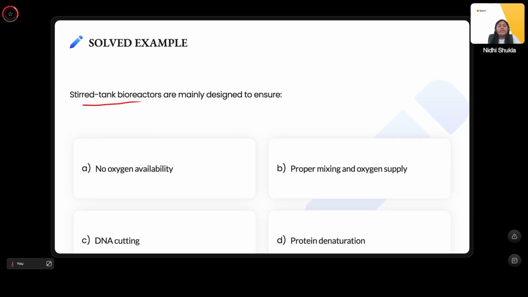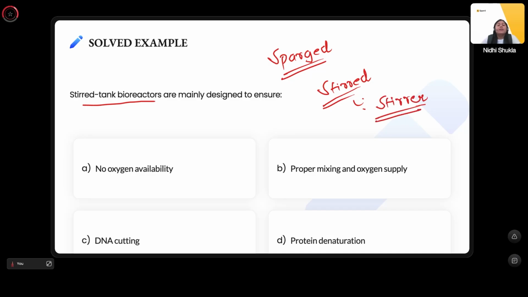Next question, stirred tank bioreactors. Now we are talking about bioreactors. You know that bioreactors are of two types: one is sparged bioreactor, and the other one is stirred bioreactor. Stirred tank bioreactors are called so because they have a stirrer. What is this stirrer? If you have water in a glass and you put salt in that water, you will use a spoon. This spoon will work as a stirrer. Why?